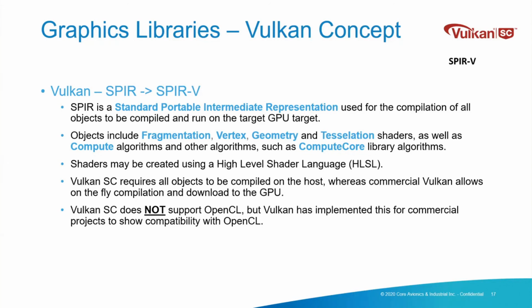You offered some tools to migrate from OpenCL? Not at the moment, but it might be possible, because Vulkan SC has been around with CoreAVI for about a year, so it's still very new. If we have OpenCL customers interested, then we can discuss, and maybe some tools will get generated in the future.